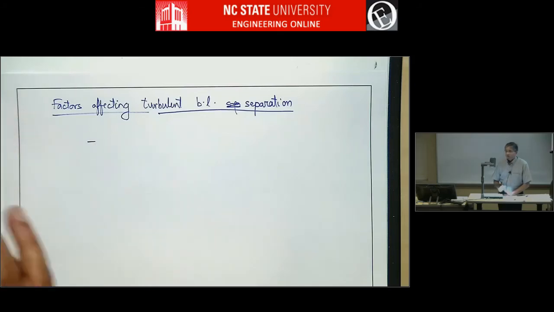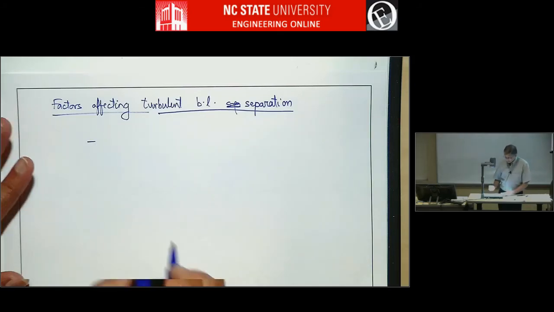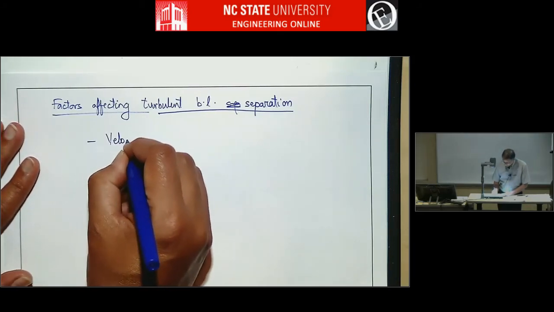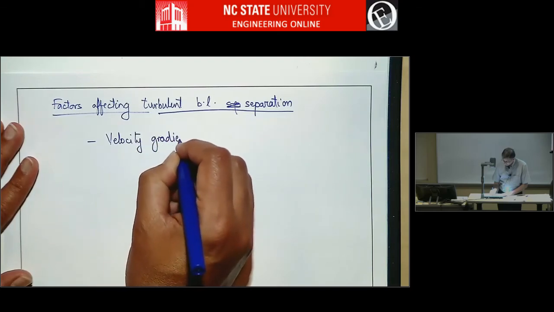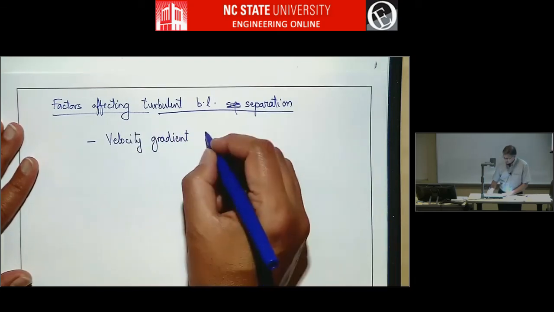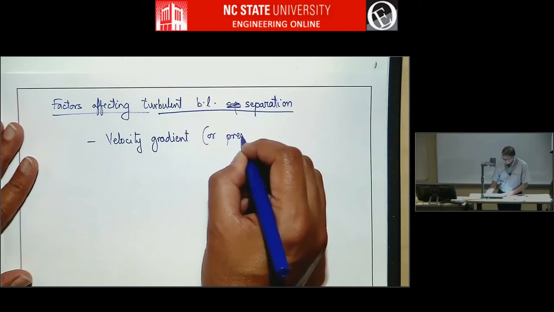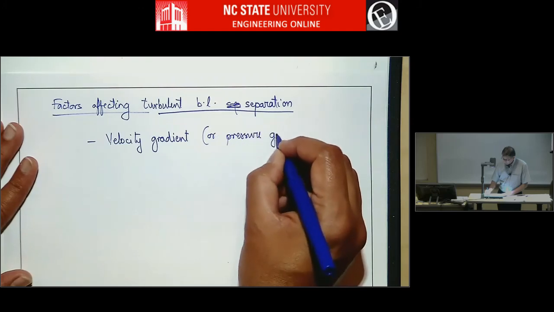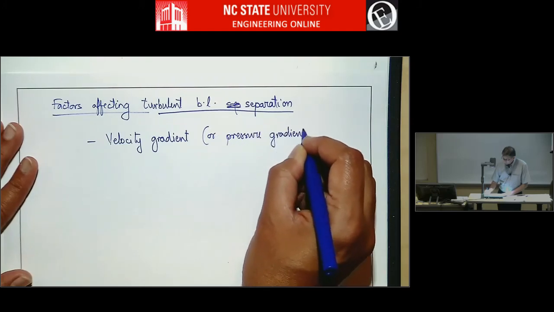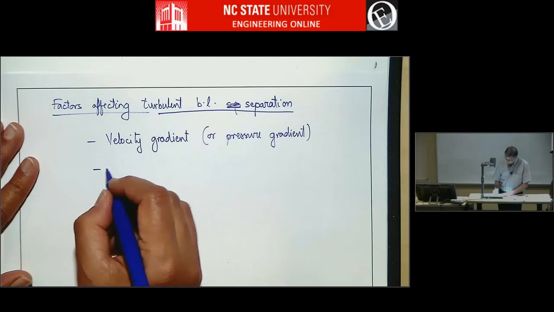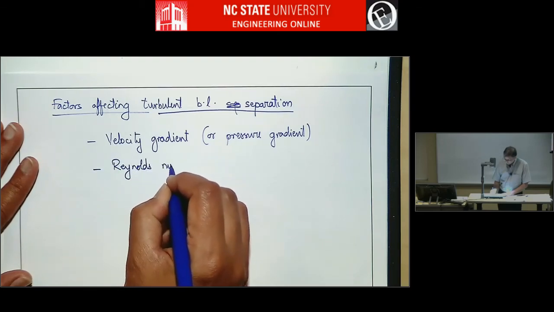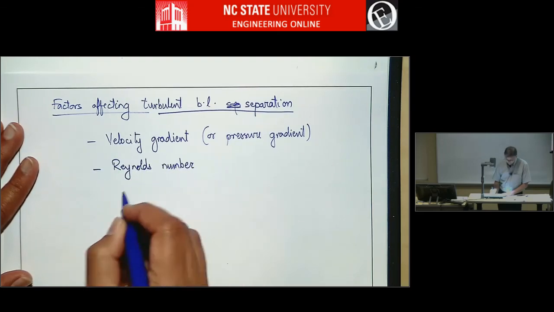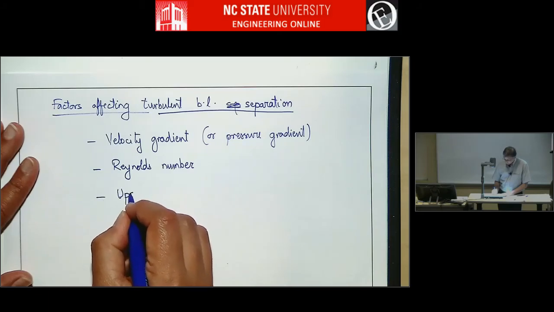Velocity gradient always affects separation, whether laminar or turbulent. So velocity gradient is a big contribution. Velocity or pressure gradient, it's the same thing. And then Reynolds number, and upstream history.